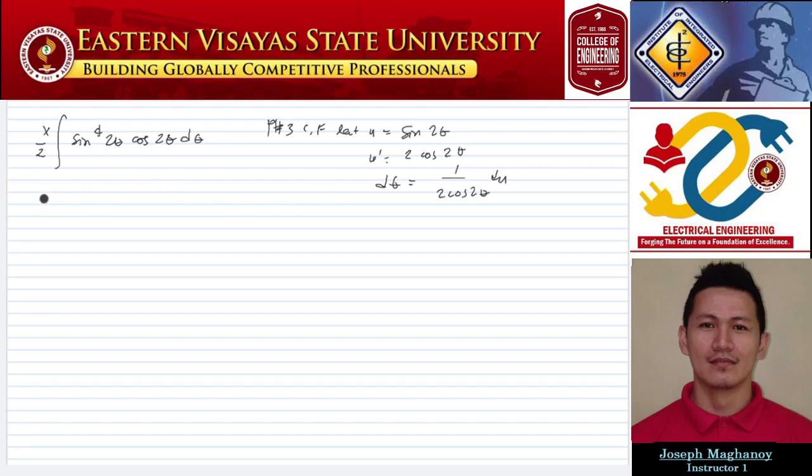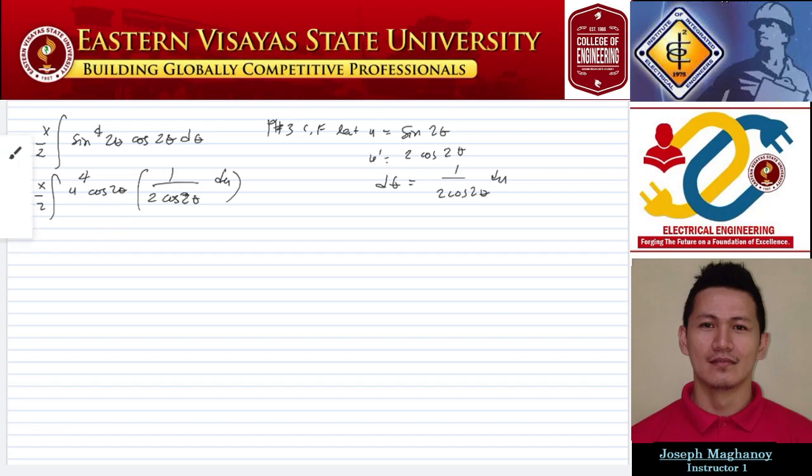We apply our correction factor to x over 2 integral of, we replace sine 2 theta with u, we copy our power, then cosine 2 theta d theta will be replaced with our correction factor 1 over 2 cosine 2 theta du.